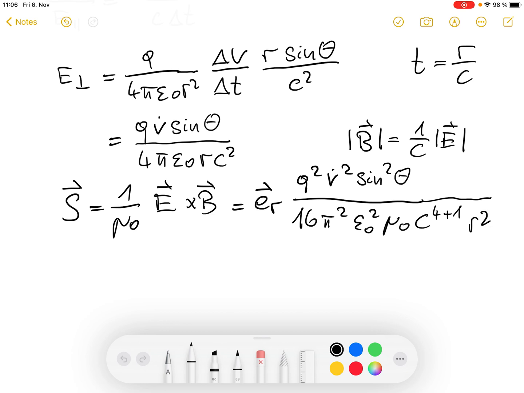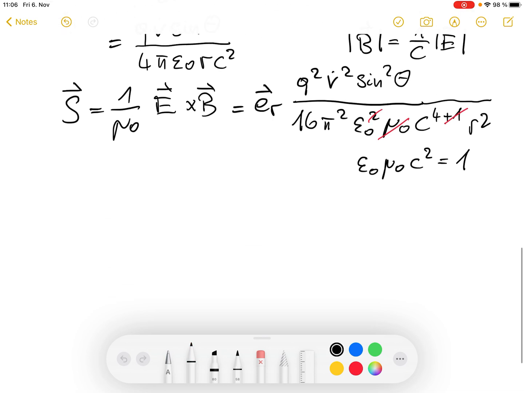Another important identity in Maxwell theory is epsilon naught times mu naught times c squared equals 1. So we can remove this, this, and this.